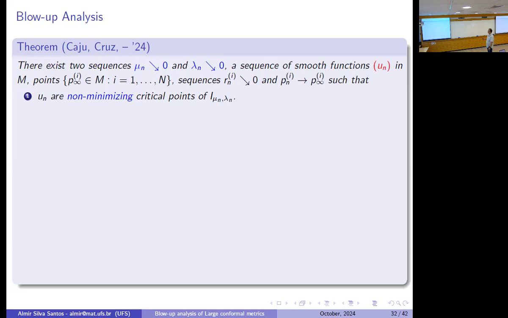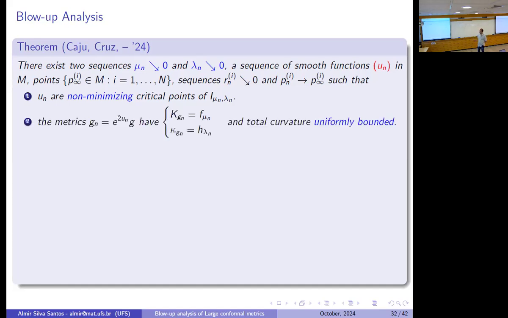A sequence of functions in M, a finite set of points in M, one sequence of numbers going to 0, and another sequence of points on the manifold converging to this point, such that un are non-minimizing critical points of the corresponding functional.